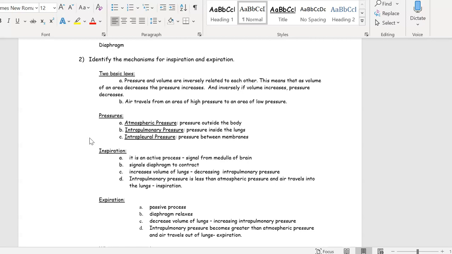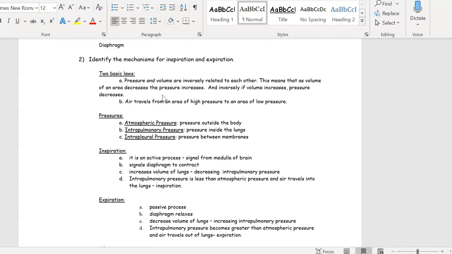If you squeeze that balloon, the volume is getting smaller, the volume's decreasing, and the pressure in that balloon is increasing. That's what we mean by inversely. They are going in opposite directions. So if you increase the volume of an area, you are decreasing the pressure. So they go in opposite directions.